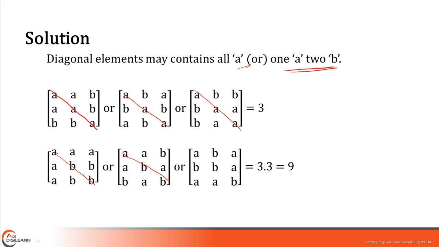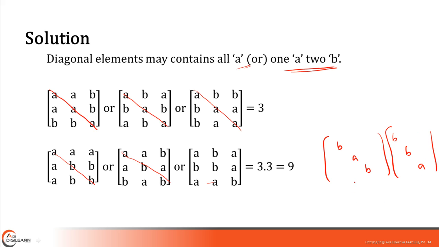So 1 A is occupied in the diagonal, and the remaining 4 A's can be occupied in these places or in these last 2 places. So these are the 3 matrices which you get by arranging the diagonal elements as BAB, and 3 more by arranging the diagonal elements as BBA.